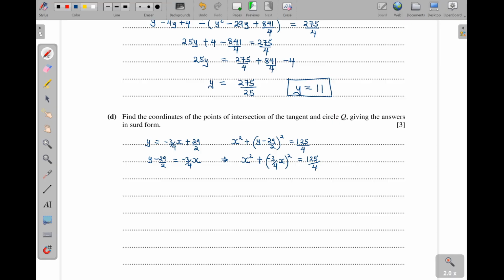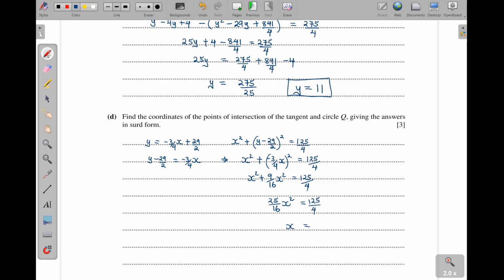When I square this one here, this will give us 9 over 16 of x squared, is equal to 125 over 4. And then from here, 16 times 1 is 16, plus 9, that will be 25. So we have 25 over 16 of x squared, which is equal to 125 over 4.